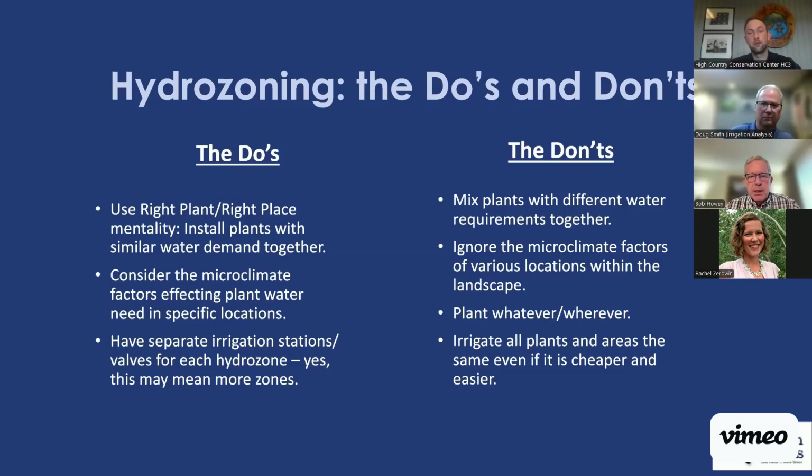We'll talk about this in a bit too, but if there are a couple of wrong plants in the hydrozone, like plants that like to be dry in a wet area mixed with wet plants, or vice versa, plants that like to be wet in a dry area, or higher water use versus lower water use, think seriously about taking those plants out of the wrong hydrozone and get your plants separated.